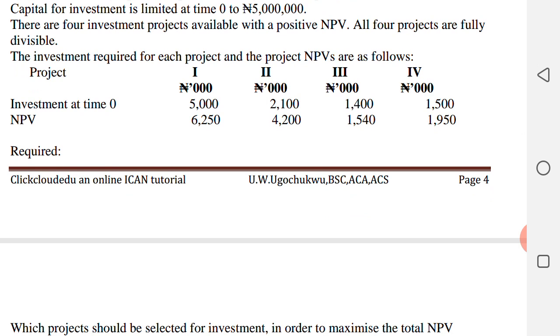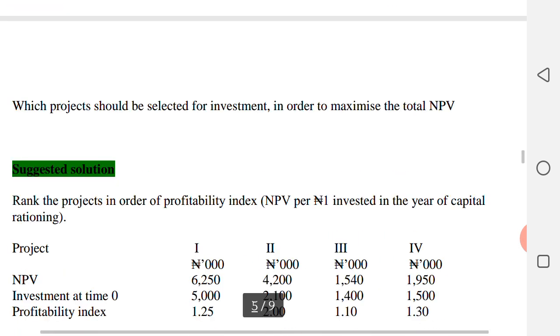Their initial outlays are 5 million, 2,100,000, 1,400,000, and 1,500,000, and the NPVs are given as below. So what is the solution to this?